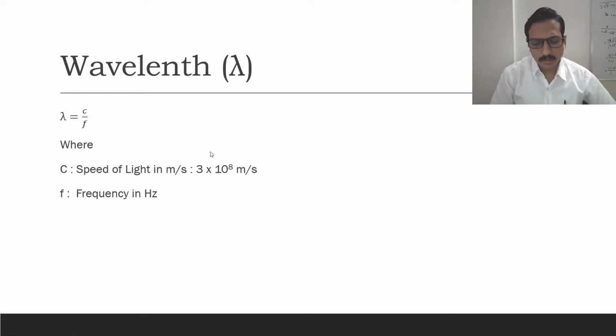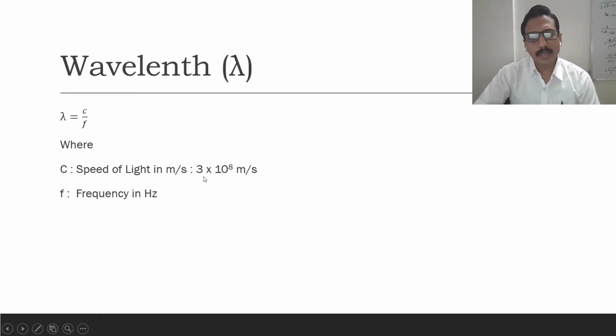For wavelength, this is the notation. Lambda is used to represent wavelength. The formula for wavelength is lambda equals c divided by f, where c is the speed of light in meter per second. As you all know, the speed of light is 3 into 10 raised to 8 meter per second, and frequency is in hertz.